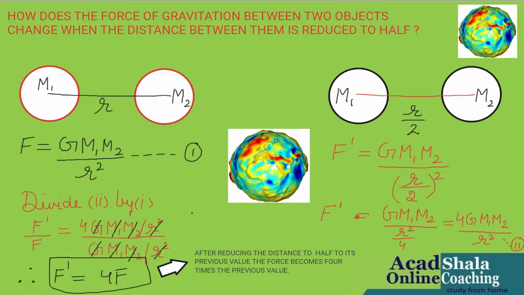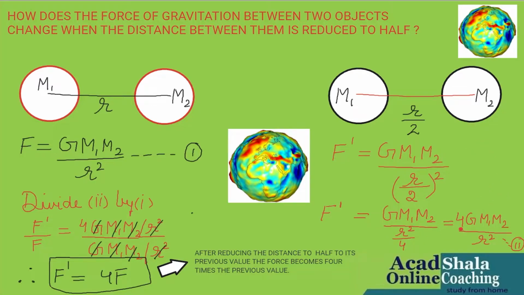F dash is equal to G m1 m2 upon, then again solve it, r square I have written, 2 2s are 4, I have written. I have solved further over here also. After this, I will solve further more over here. See it over here, children.